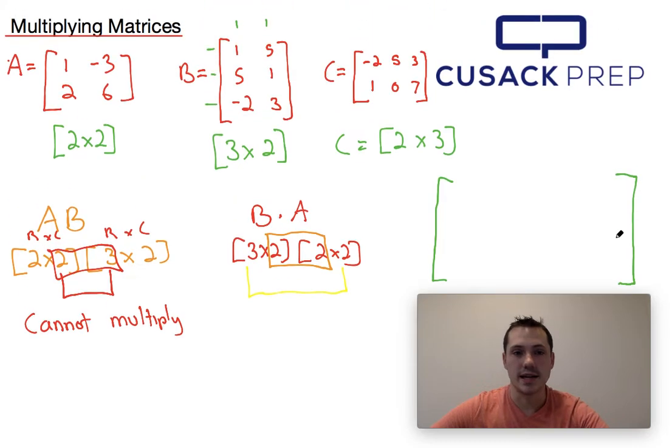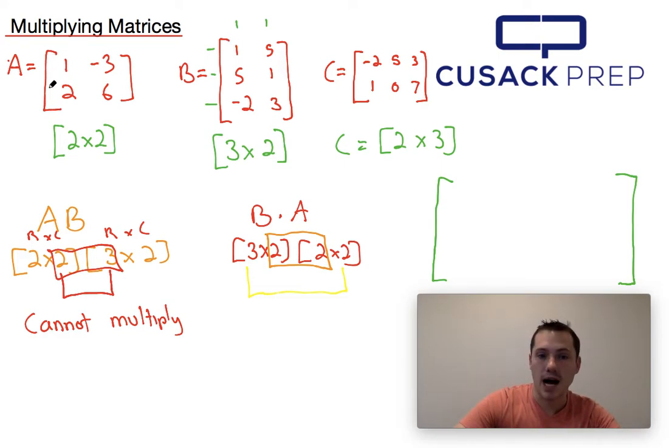Alright, so now let's get into the nitty-gritty of how to multiply them. So if we want to do matrix B times matrix A, what we need to do is we take the first row, so the row of B, and we multiply it by the column of A. So we take our row of our first and we multiply it by the column of our second.